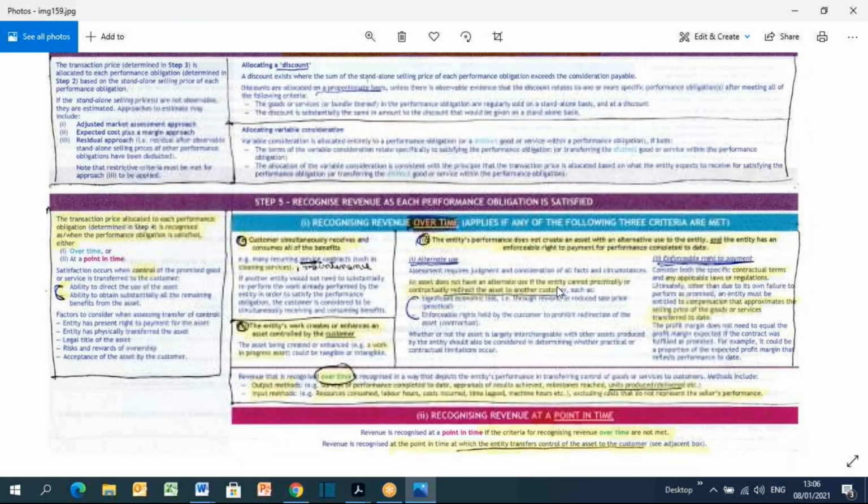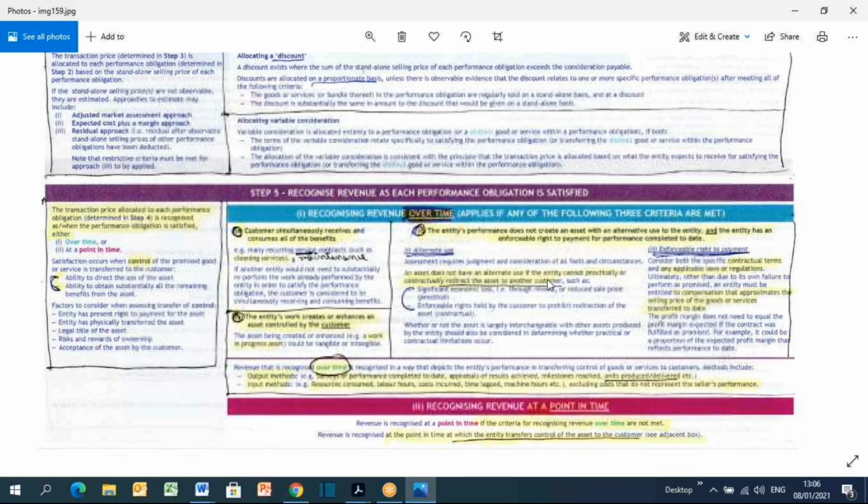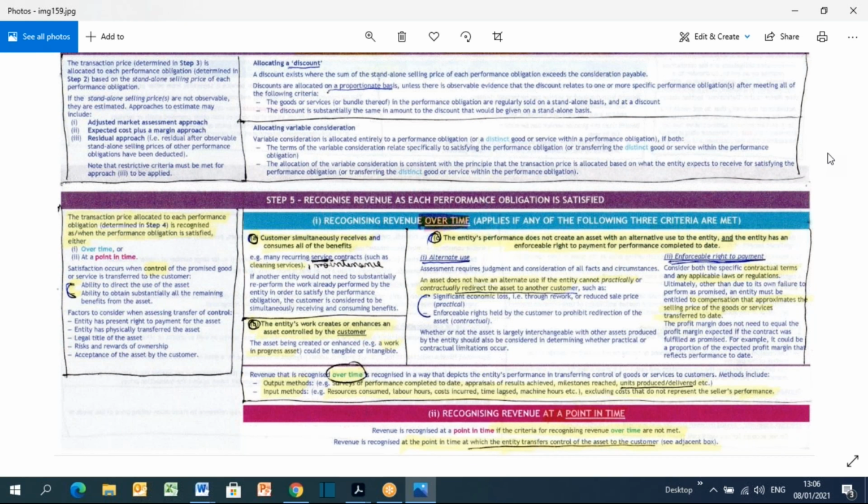Remember, when you get a question about IFRS 15, don't just jump in and say step 1, 2, 3, 4, and that's it. IFRS 15 and IFRS 16 can be asked from so many different angles. There can be so many questions about these standards and different topics. You should know how you should recognize the revenue.